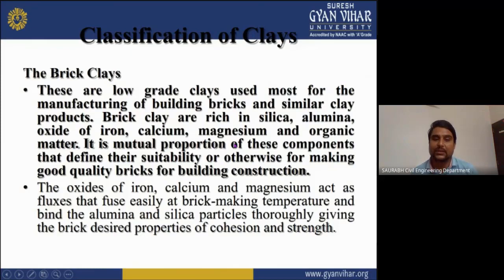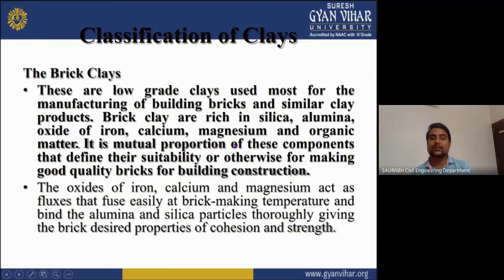And now comes a very important clay, which is known as brick clay. These are low grade clays, used mostly for the manufacturing of building brick and similar clay products. Brick clays are rich in silica, alumina, iron oxide, calcium, magnesium, and organic matter.